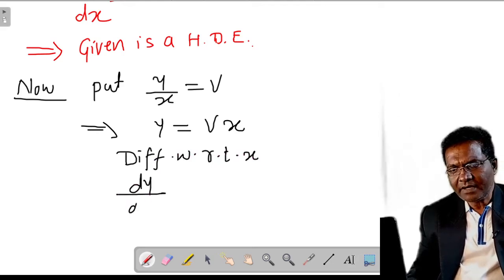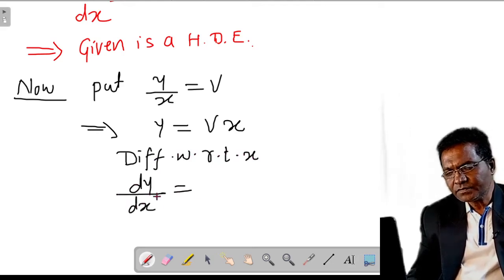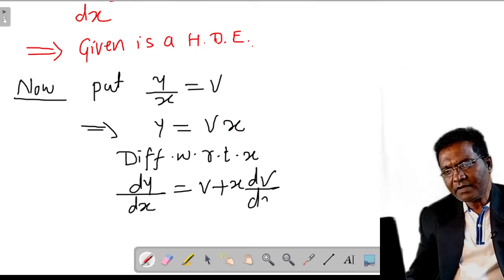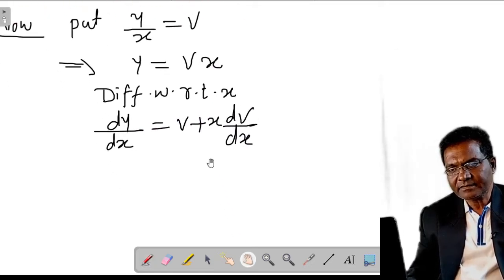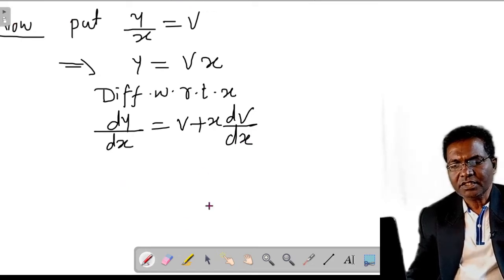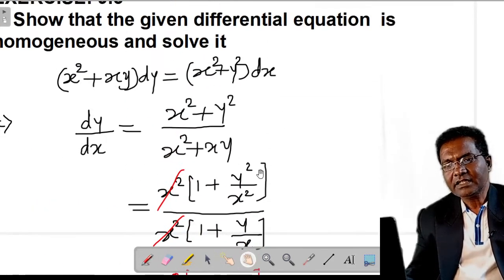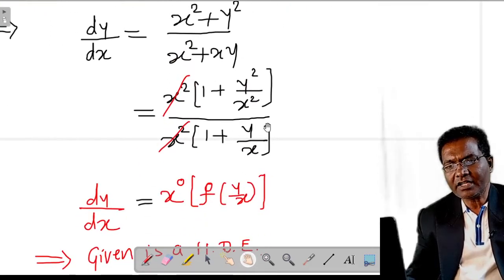So dy by dx equals, differentiating, v plus the derivative of x, which is 1, so x into dv by dx. So you have to substitute this in either this equation or here.